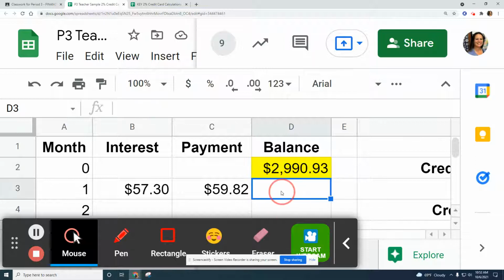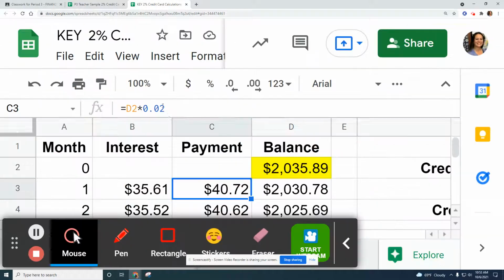Okay, let's go do the balance formula now. Remember how we did that previous balance work on the thing? It's kind of like that, where it's like starting with what, subtracting what, adding what. Check it out. I go get the balance from D2. I add in B3. That's interest charged on my account.